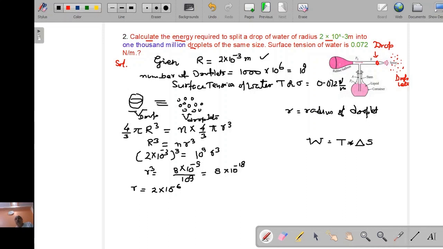So what is the change in area? That is the area change due to droplets in the drop. So first we have to find out delta S, the change in area. The change in area is equal to the area of droplets minus the area of the drop.